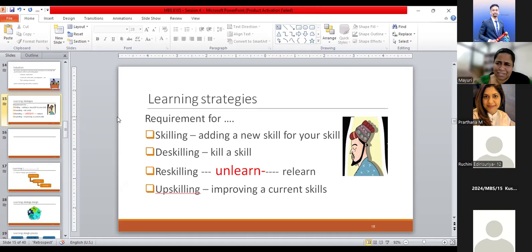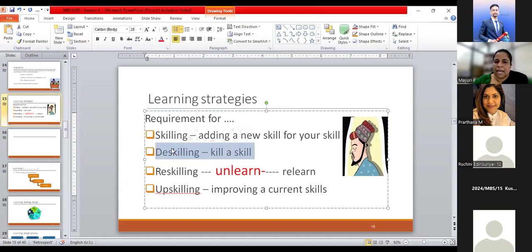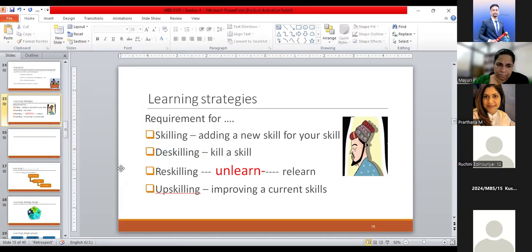Everyone is experiencing those kinds of things. I'm not speaking of an organization practice, I'm just telling you as individuals: be aware of de-skilling. Even for yourself, unintentionally, it may happen.